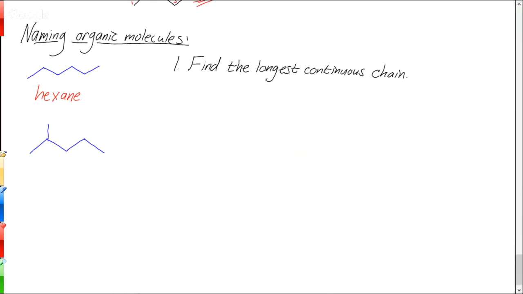So that's what we mean when we say, what's the longest chain you can make without picking up your pen, that's the longest continuous chain. So in this molecule, this as yet unnamed molecule, what's the longest continuous chain? How many carbons? You got 5? Everybody got 5? Right, 5. So 1, 2, 3, 4, 5.